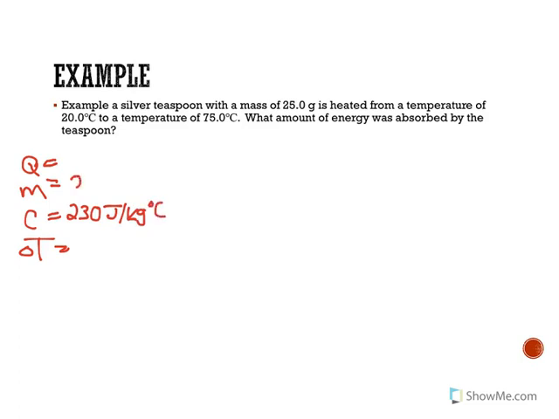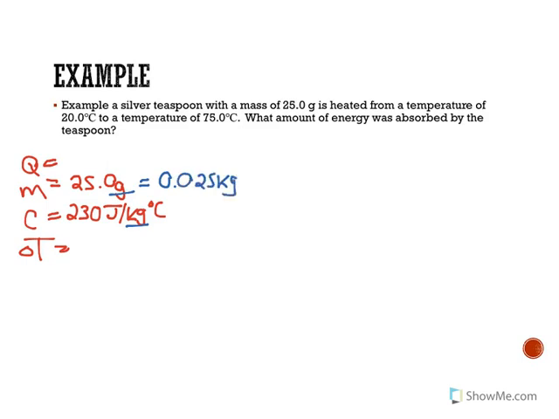And it says with a mass of 25 grams. And if we take a look, we have grams and kilograms, which means we have to change our grams into kilograms by dividing by 1,000. So we get 0.025 kilograms.